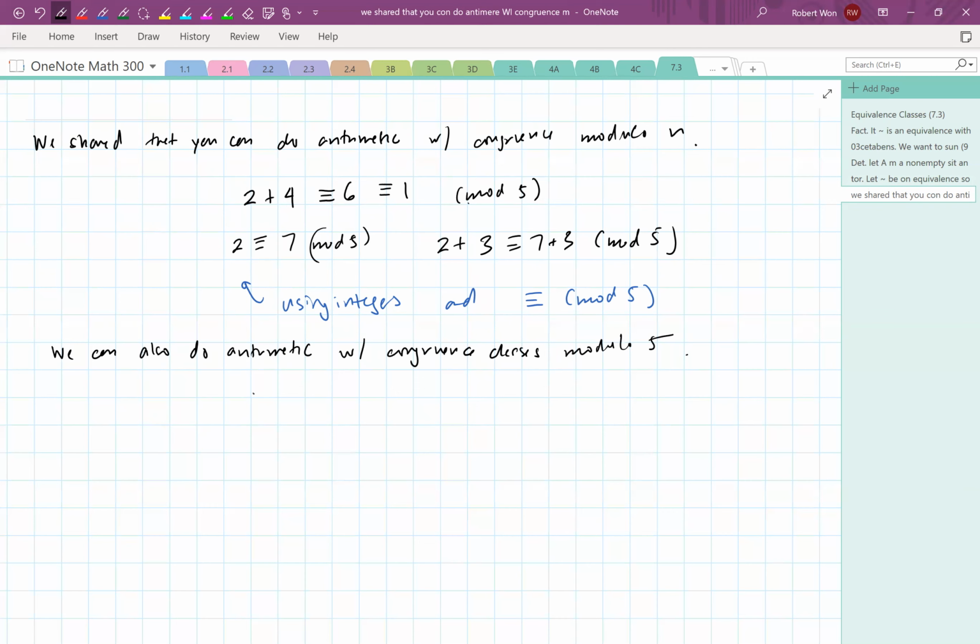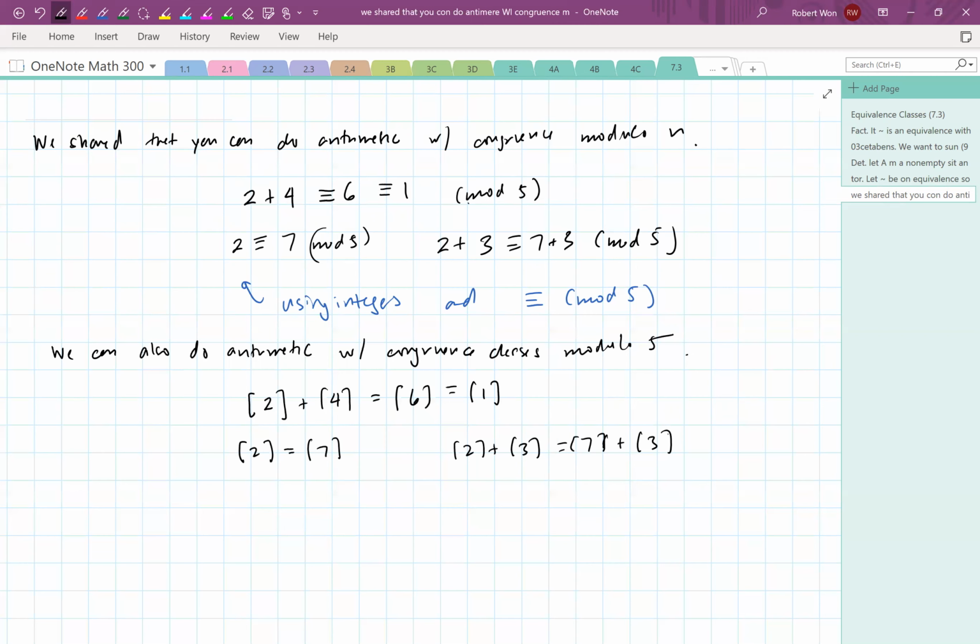What do I mean? I mean that we can write things like the equivalence class of 2 plus the equivalence class of 4 equals the equivalence class of 6 equals the equivalence class of 1. Or I should be able to say something like, well, the equivalence class of 2 is equal to the equivalence class of 7. So the equivalence class of 2 plus the equivalence class of 3 is equal to the equivalence class of 7 plus the equivalence class of 3.